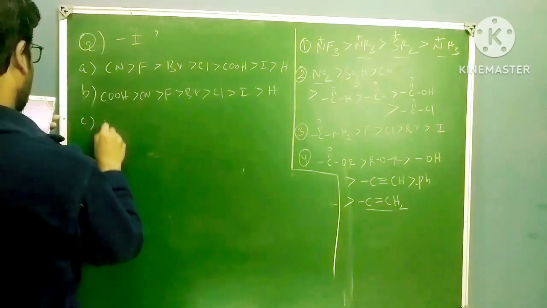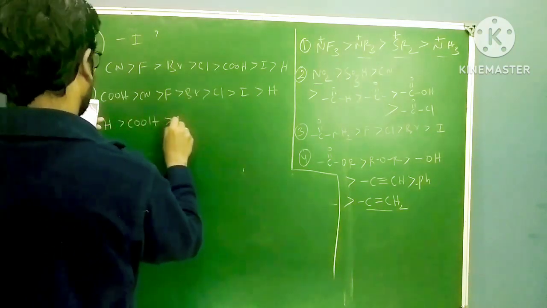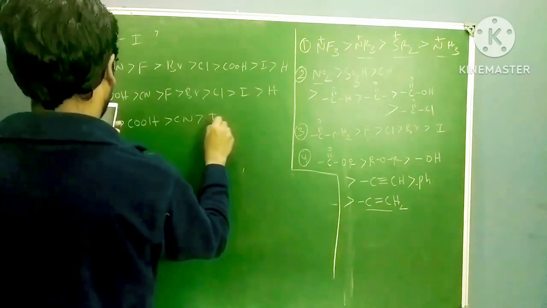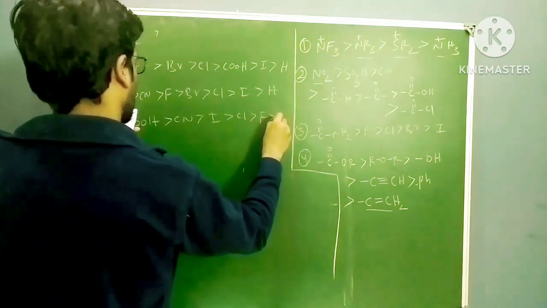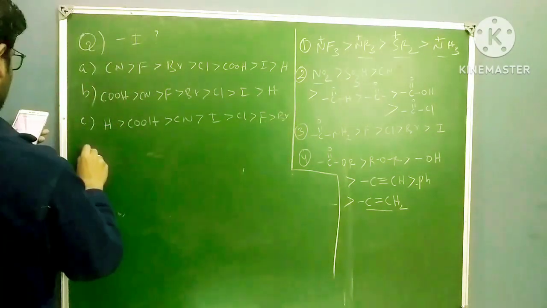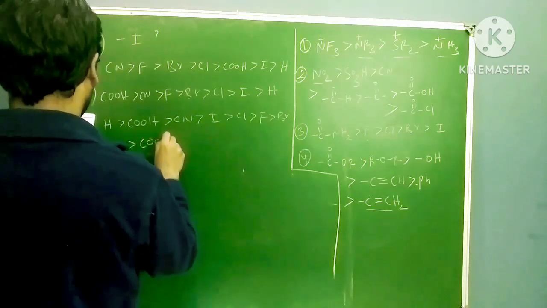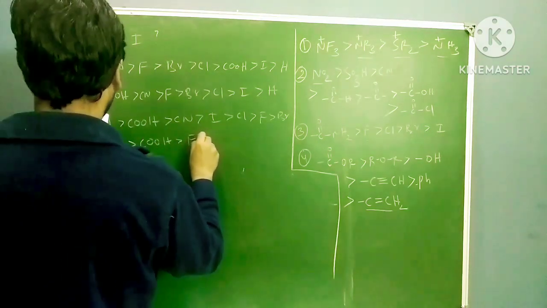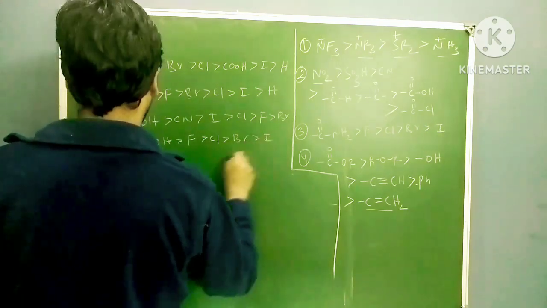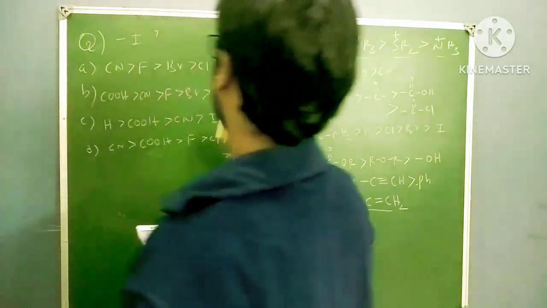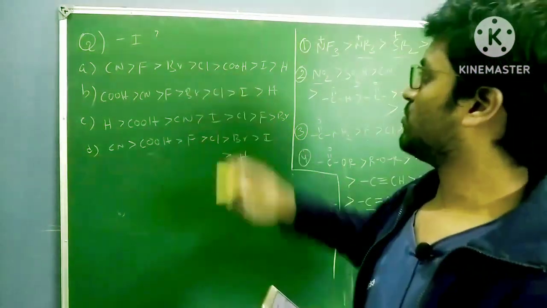Next: hydrogen, COOH, CN, iodine, chlorine, fluorine, bromine. Next: CN, COOH, fluorine, chlorine, bromine, iodine, hydrogen. So this is the question, right? In minus I, now you have to tell about the order.